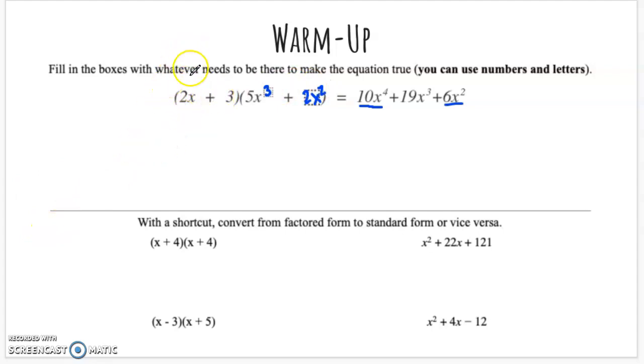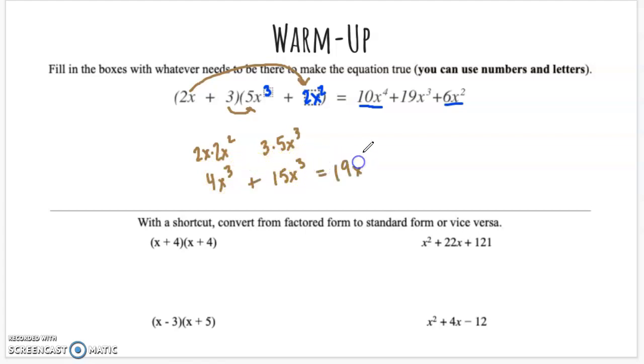That would be 2x times that 2x squared, which leaves me with 4x cubed, and then 3 times 5x cubed, which gives me 15x cubed. If I add 4x cubed and 15x cubed together, I get my 19x cubed. So I know that middle term works out. So it worked.